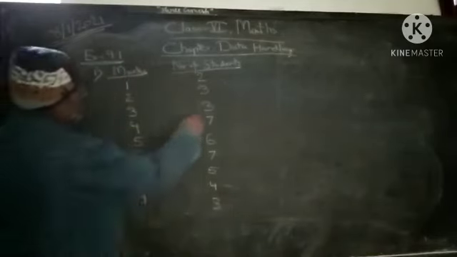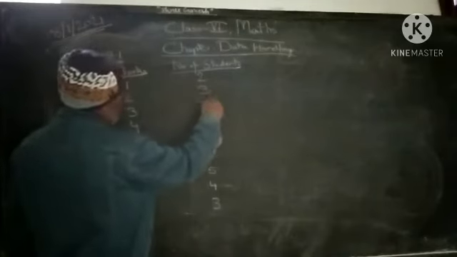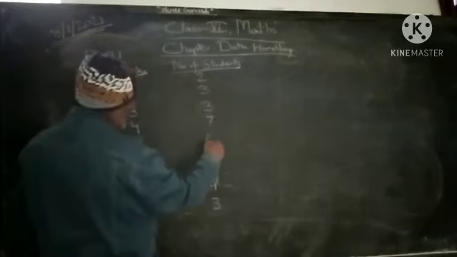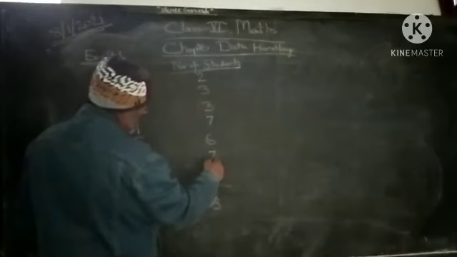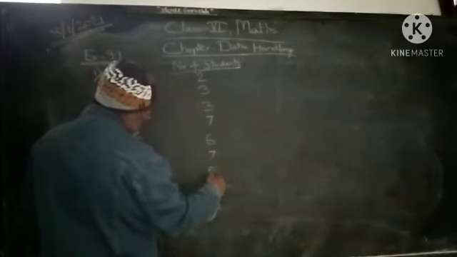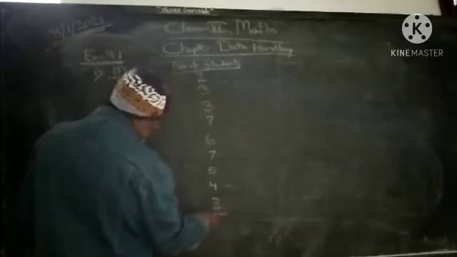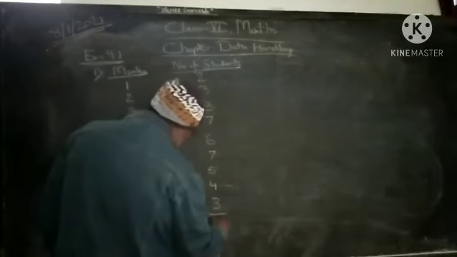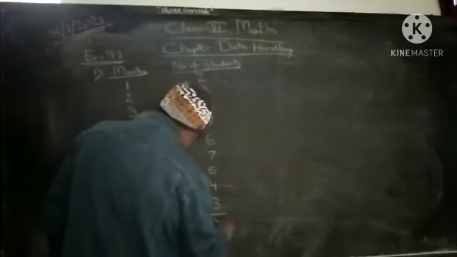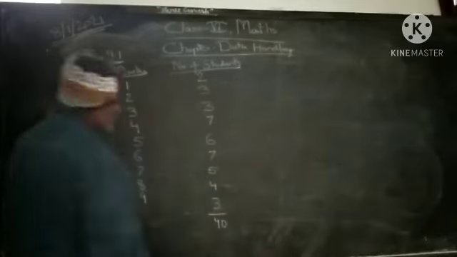Now let's count this. 2 plus 3 is 5, 8, 15, 21, 28, 33, 37, 40. So this is what we have got.